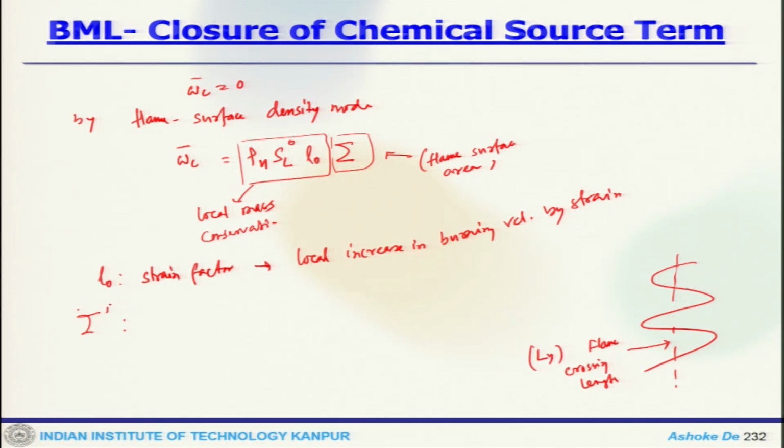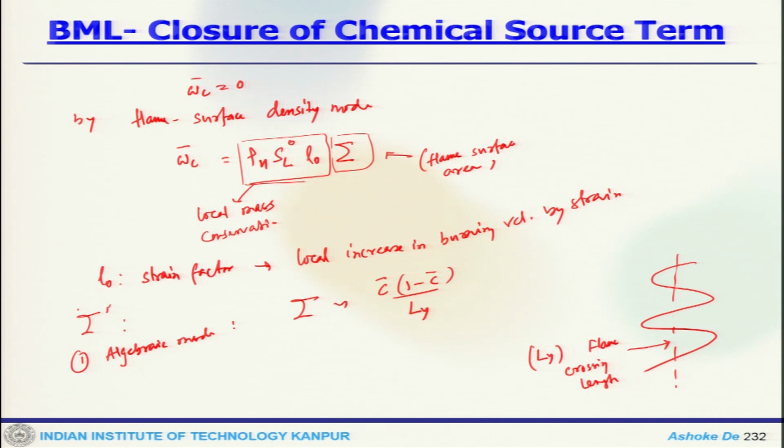Then the flame surface density needs a closure, because this term in the source term is the local mass conservation, which is available, and this is another term which is required. So, one option is that one can use an algebraic model, which closes this term as C bar (1 minus C bar) by Ly.